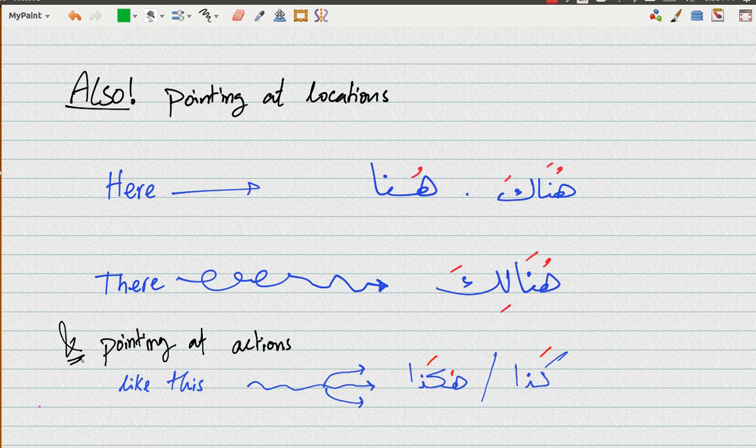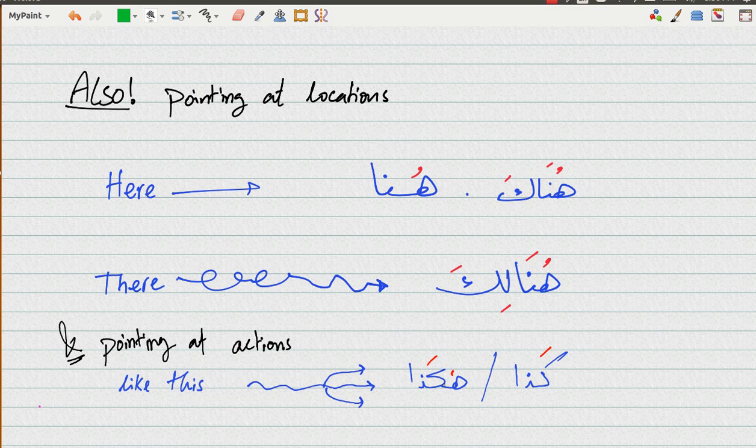Another interesting word is to point at action. What do I mean by pointing at action? Well, if you're doing some weird movements and you want to say, oh, it's like this and like so, in Arabic you say هكذا. Or the more pure form is كذا, without the ha for تنبيه.